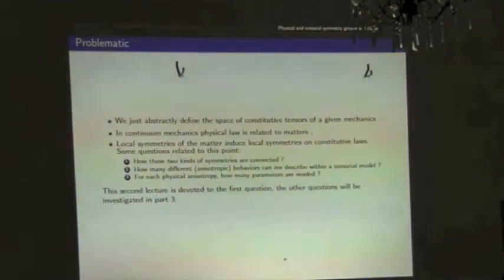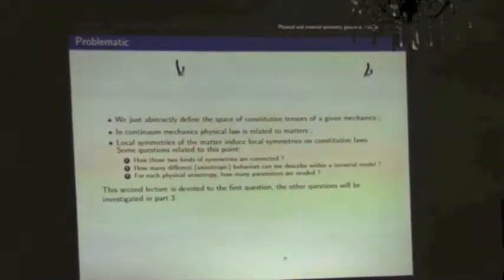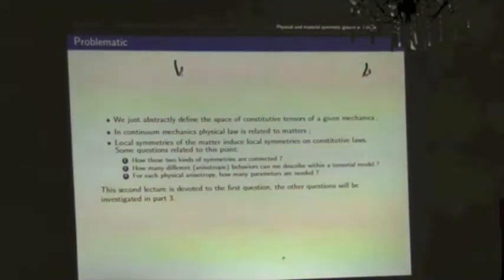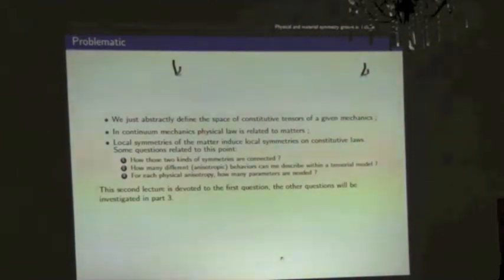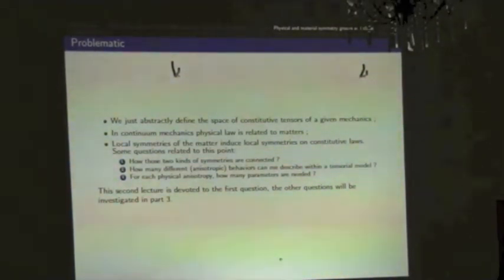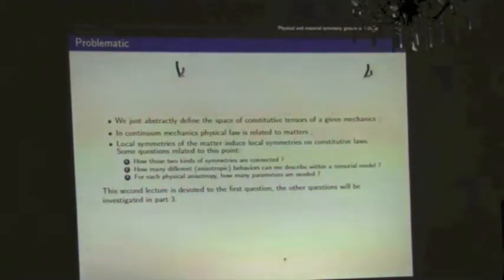okay, I got my model, how many different anisotropic systems can be modeled by this approach, and in each one of these anisotropic systems, how many parameters do I need to properly set up my model? This also means, if we want to view things from an experimental point of view, how many experiments should I make to identify my parameters?